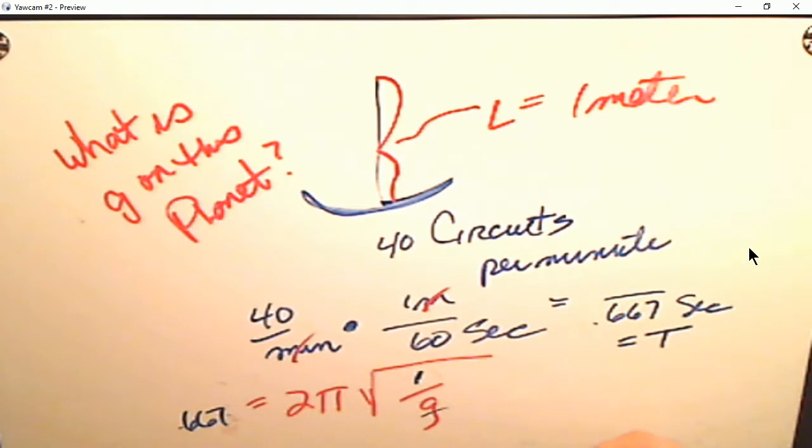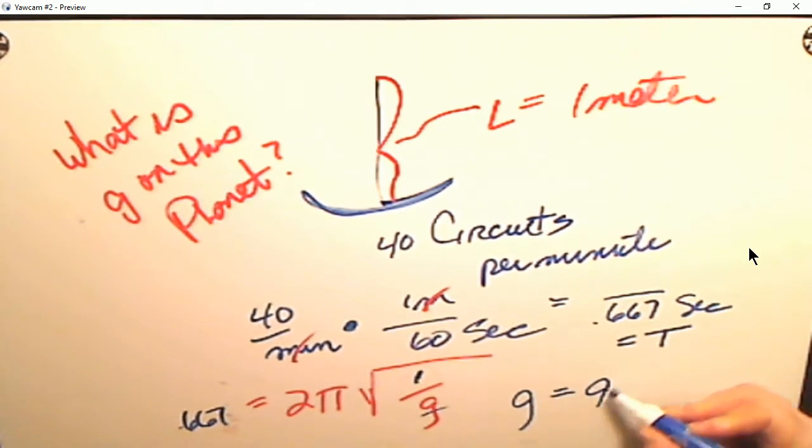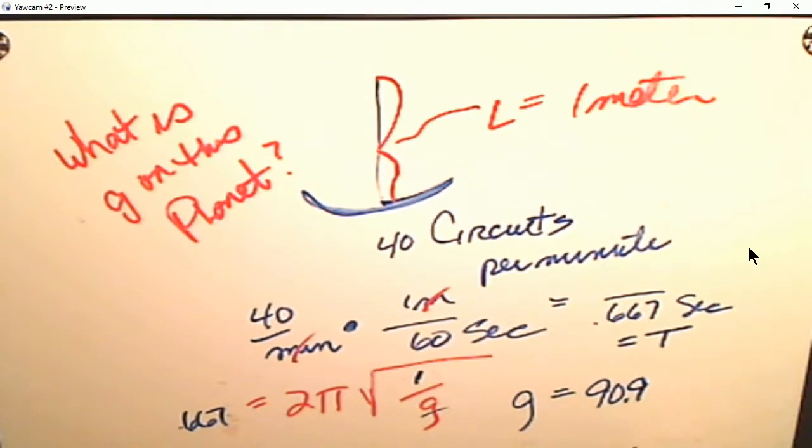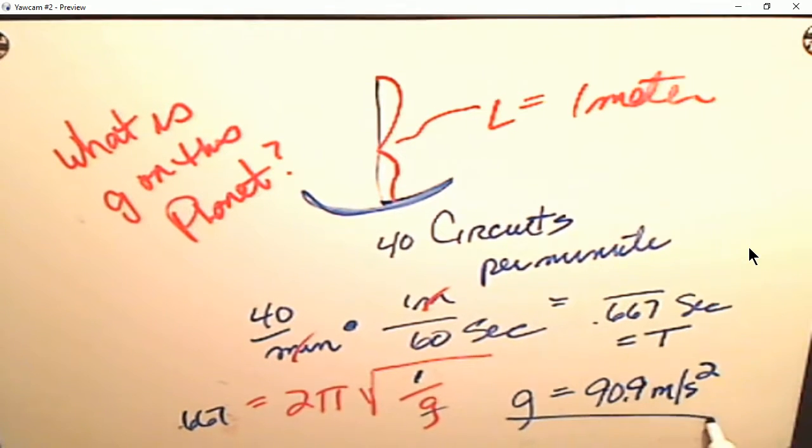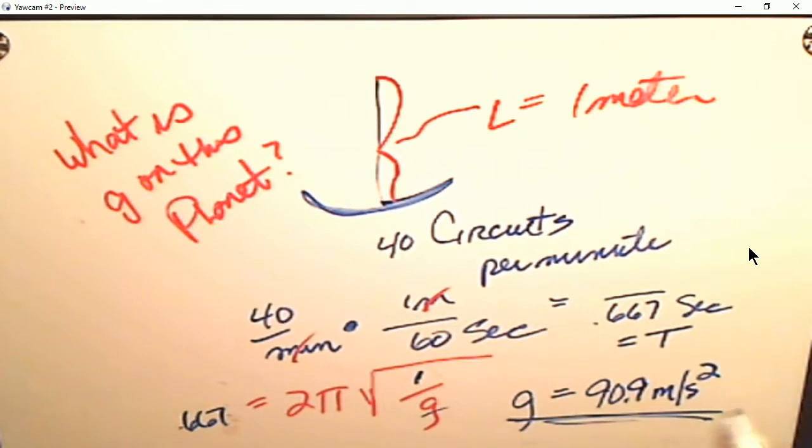And you will get, solving for this one leftover variable, actually it comes to 90.9 meters per second squared. This has an acceleration due to gravity, this particular planet, much, much greater, 10 times greater than our planet.